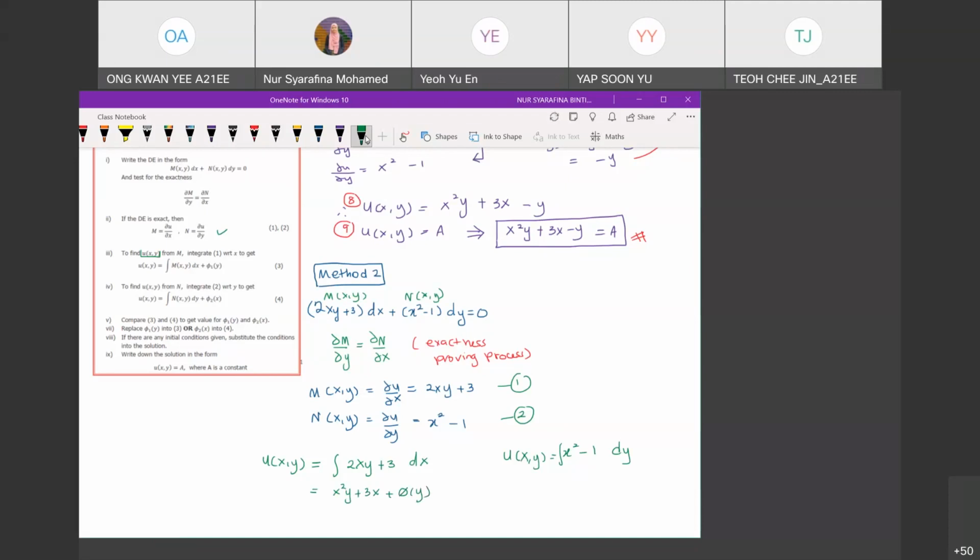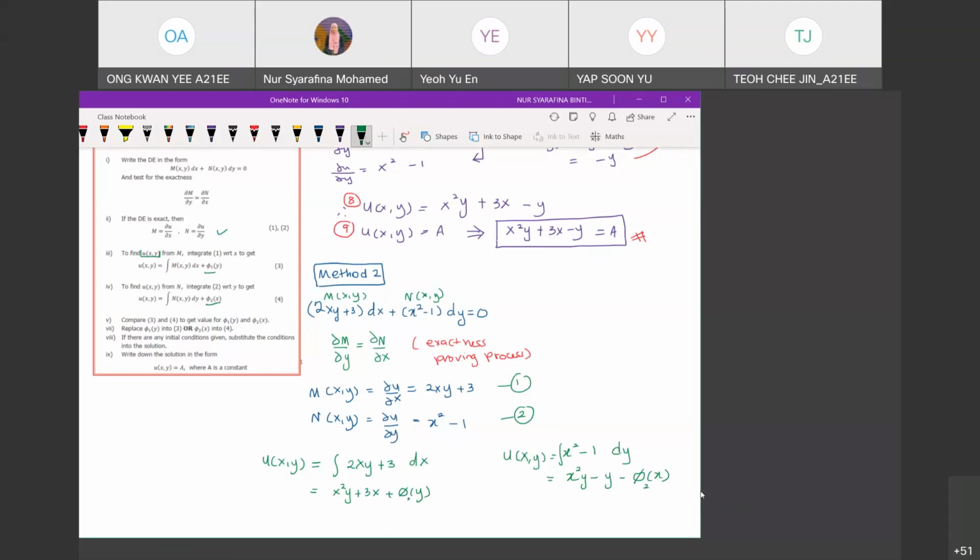And for the other one, you should get x squared y minus y plus psi 2(x). The difference here is psi 1(y) and psi 2(x).